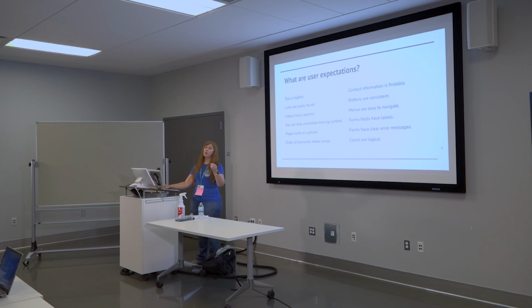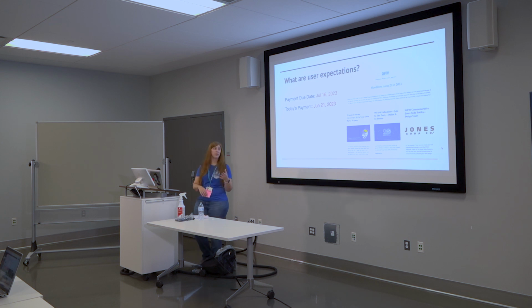While you shouldn't use color alone to tell what something is, most of the color blindness is red-green. It is roughly 10% of men, roughly 1% of women. You should use logical colors. So let's take a look at this. What is your first instinct when you see today's payment in red?